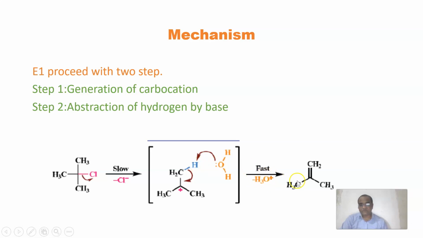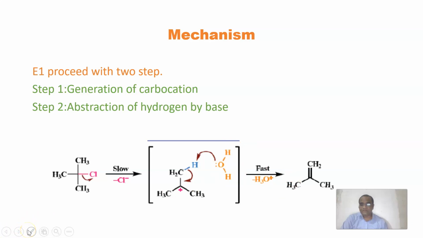This step is fast, while the first step is slow, or said to be the rate determining step, simply RDS. The intermediate tries to attain stability at a faster rate, and that is why we get an alkene in a fast manner in the second step.